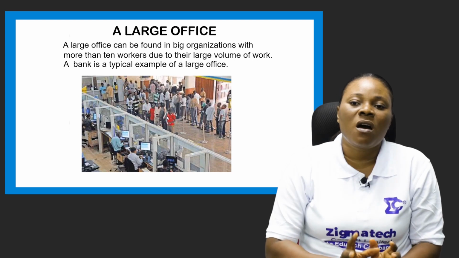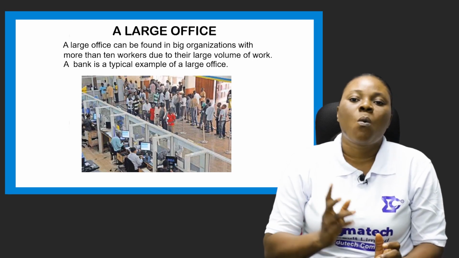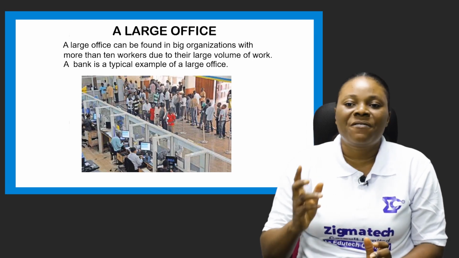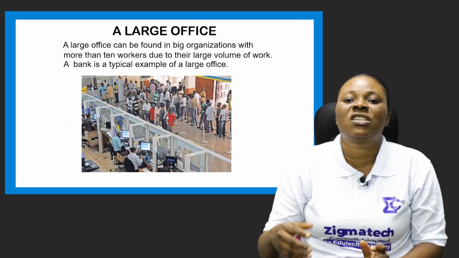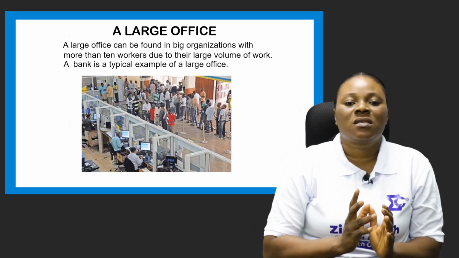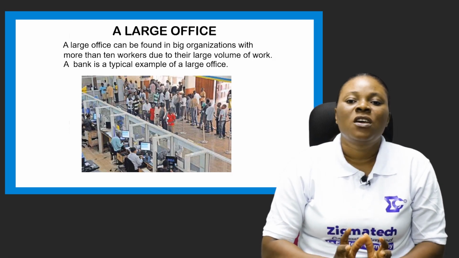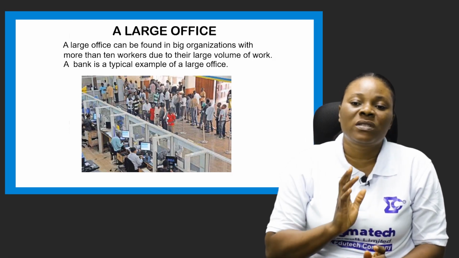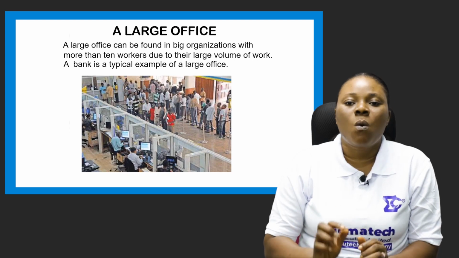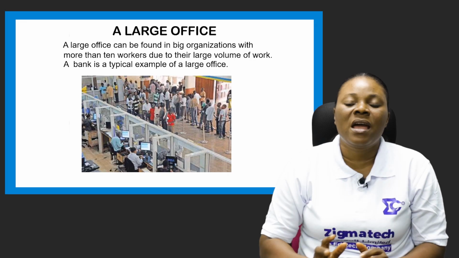I said the small office is basically found in small organizations, while the large office can be found in big or large organizations. The number 2 point that differentiates the small office from the large office is that in a small office, they have between 1 to 10 workers, while in a large office, you have more than 10 workers.